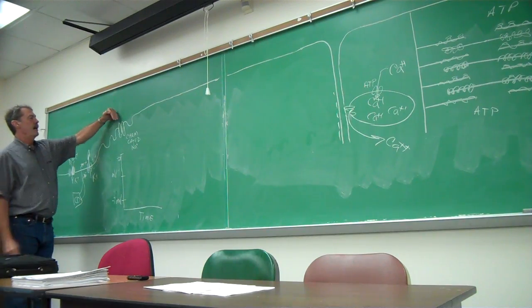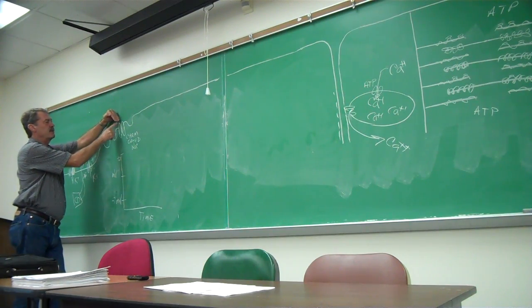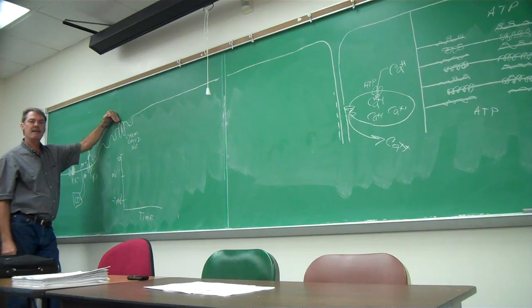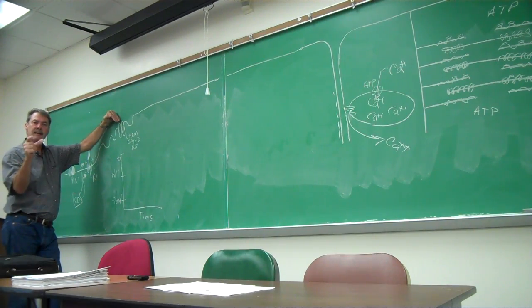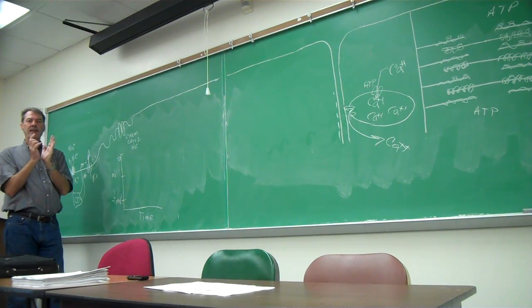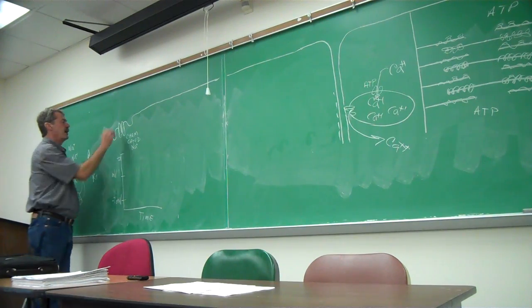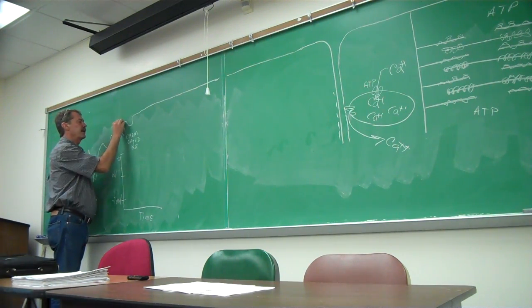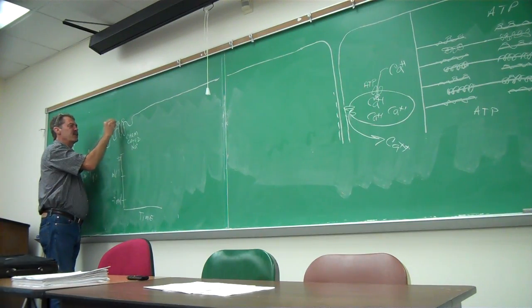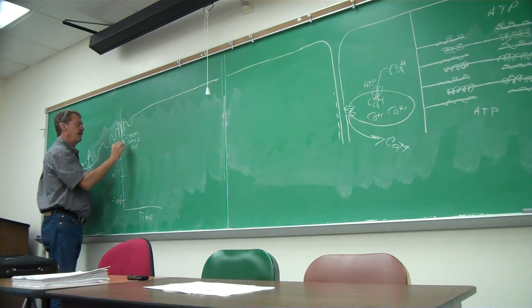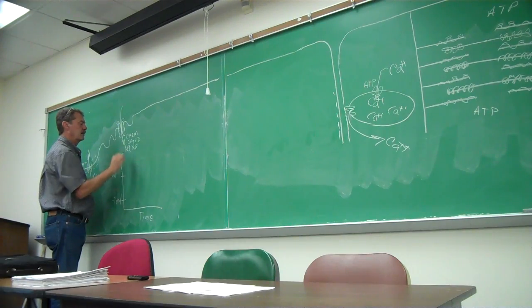Okay? As soon as I have a special chemical that bonds to that, some sort of transmitter, okay, this thing will open and dump sodium inside the cell. Okay? So I'm just going to put this thing, there's my little trigger. Okay? When that gets triggered, sodium will come in.